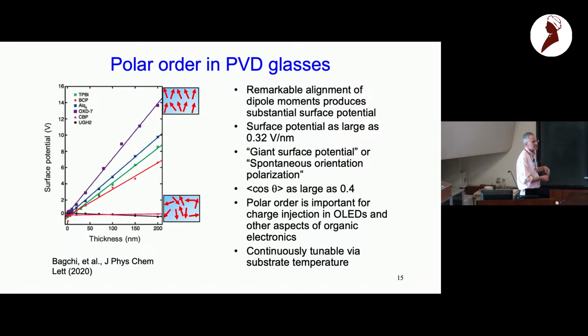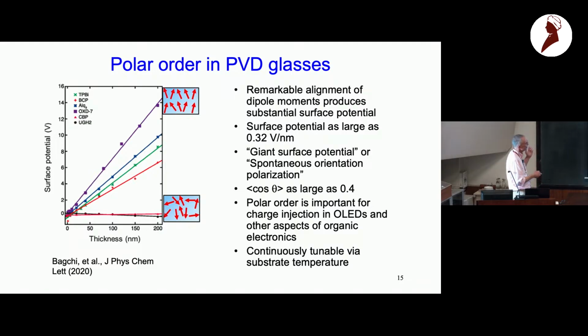These surface potentials are like 15 volts, okay, for a 200 nanometer film, because it's not just the surface that has these dipoles aligned, it's the entire film that has these dipoles aligned. And since this plot was made, people have refined this. And so in a 200 nanometer film, you can now hit 60 volts, okay?